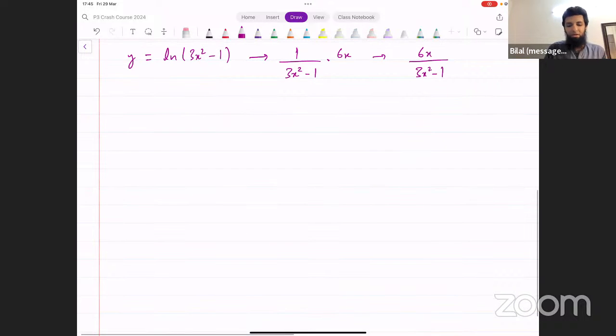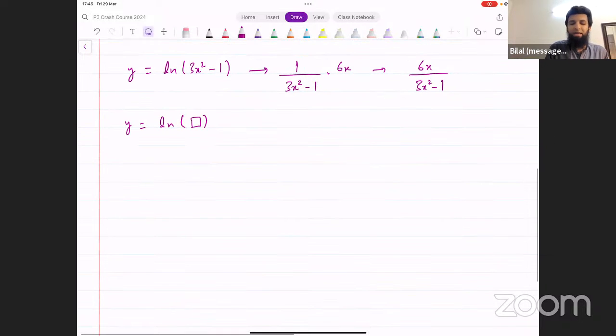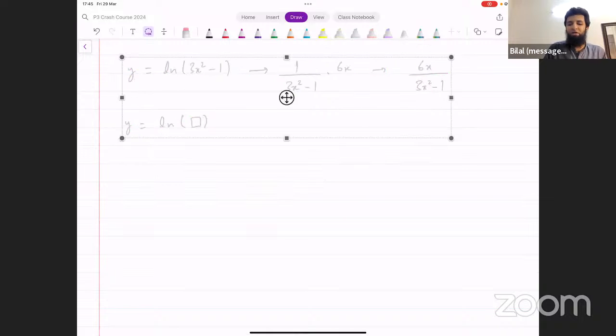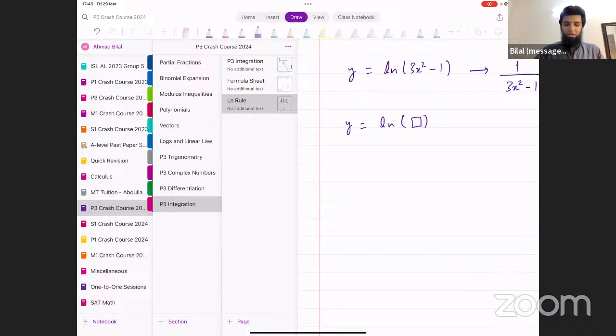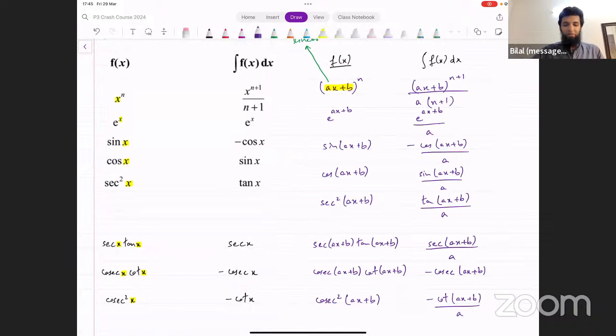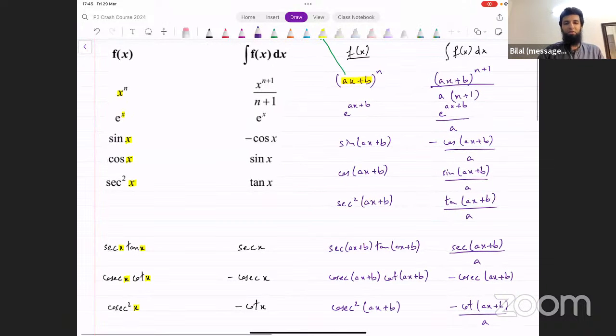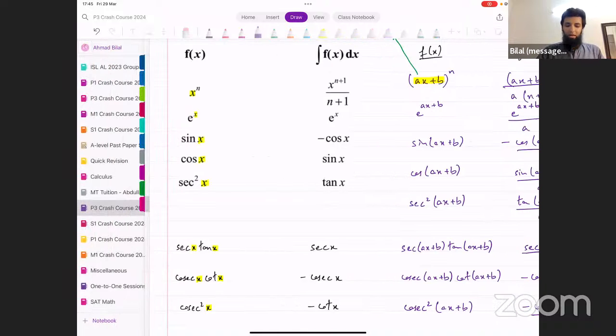So in general, the rule was that if we have y equals ln of something, ln of anything, remember in differentiation, we did not have that linearity condition. In differentiation, you could have anything inside. In integration, we want that thing to be linear generally in order to use these earlier rules that we have discussed. For this, in place of x, you can only have something linear.